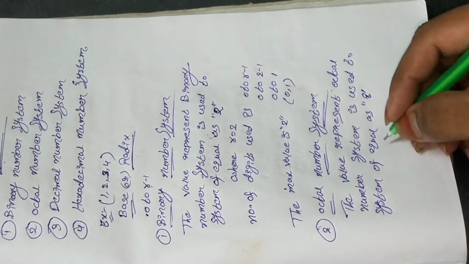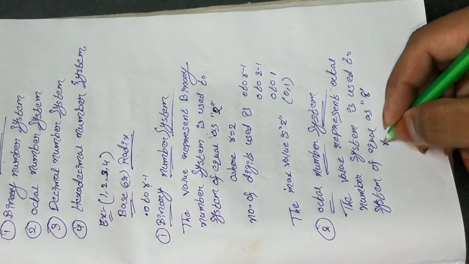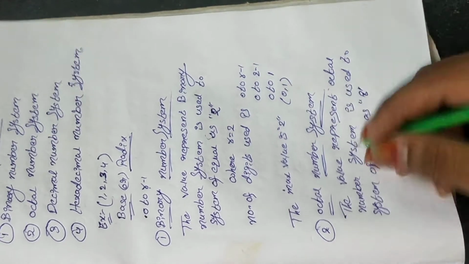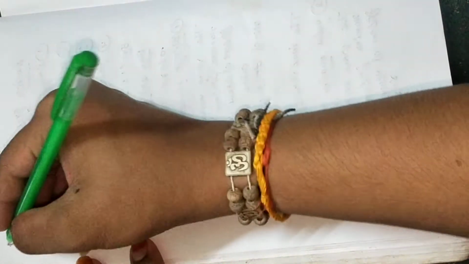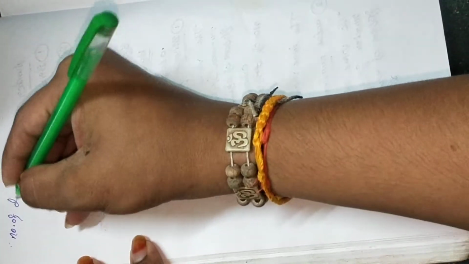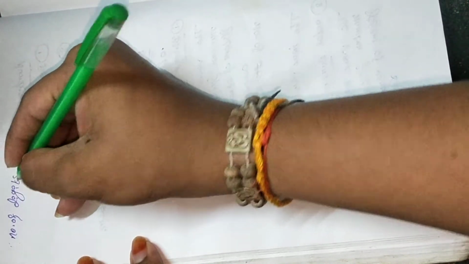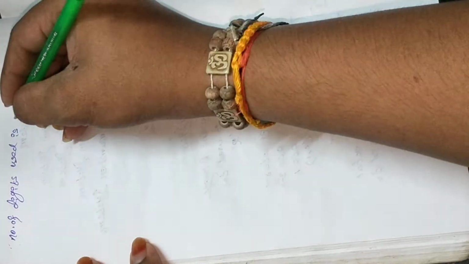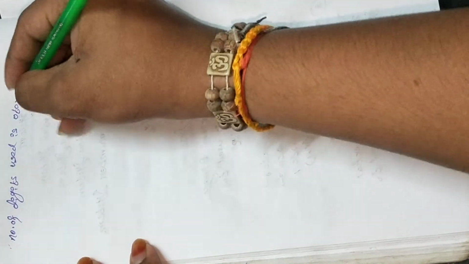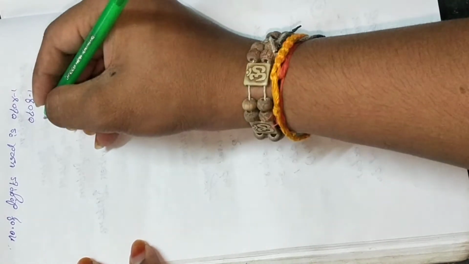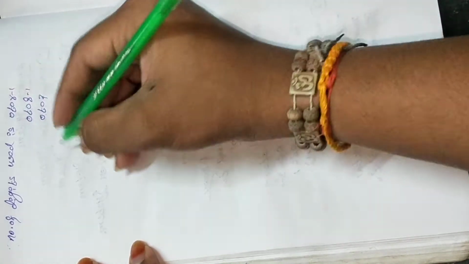Here r equal to 8. Number of digits used is 0 to r minus 1, 0 to 8 minus 1, that means 0 to 7.